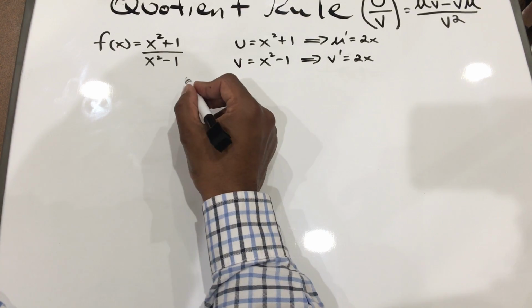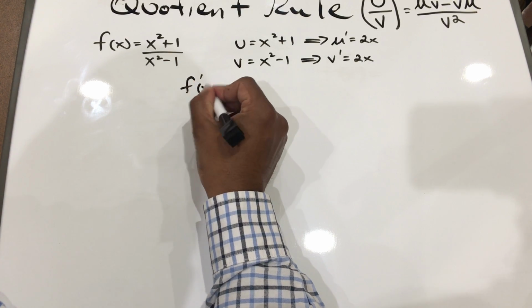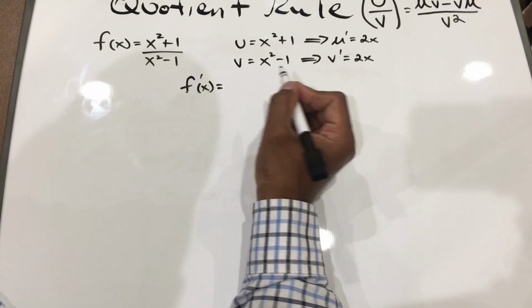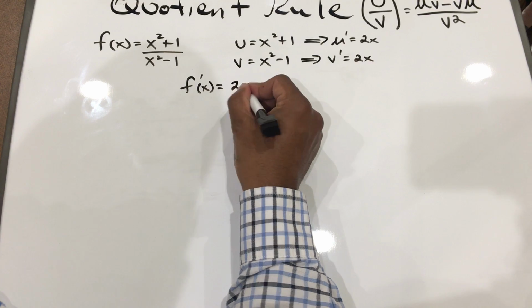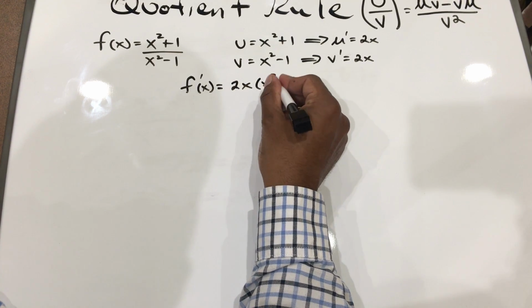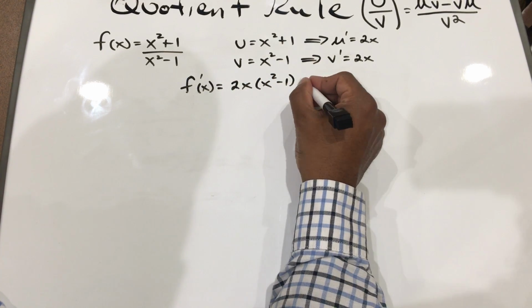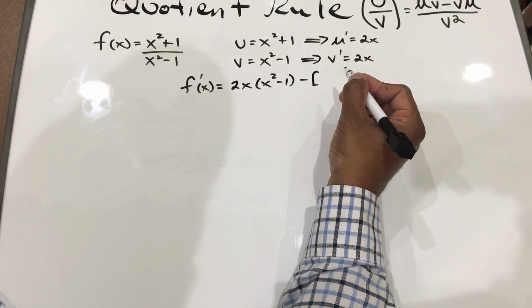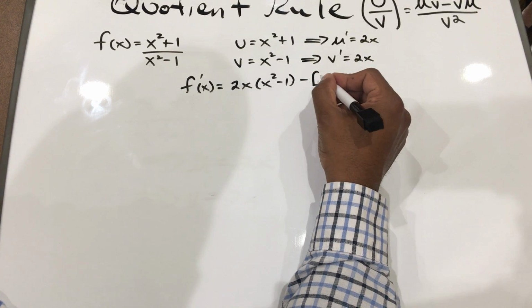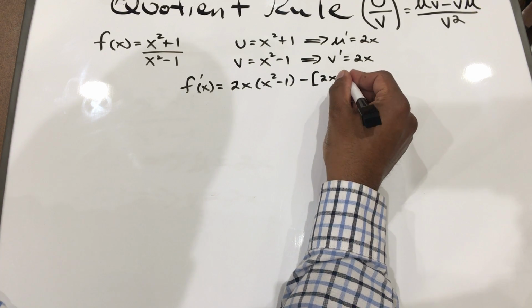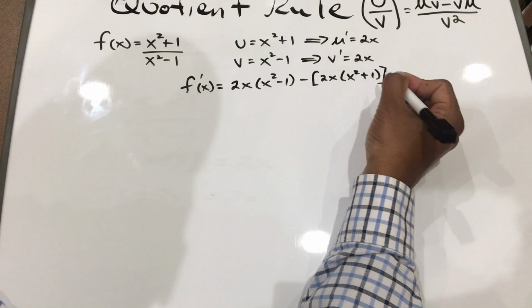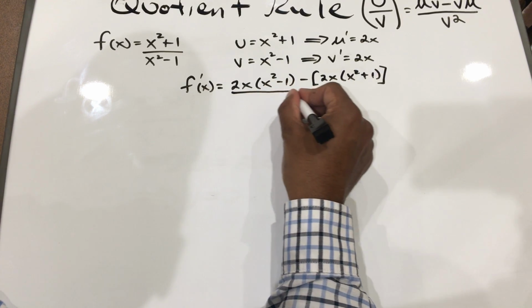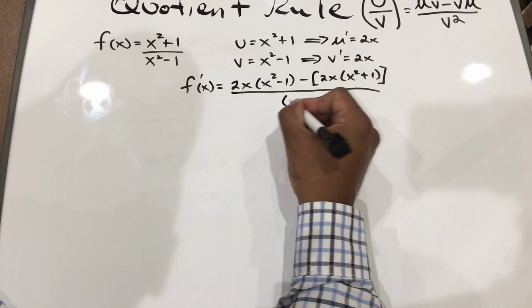So let's start with our differential. And I'll write, first it's u prime, which is 2x, times v, u prime v, minus, we'll put a bracket, v prime u, divided by v squared.